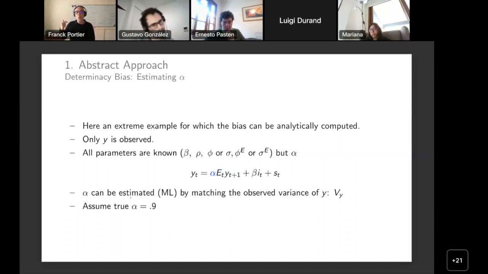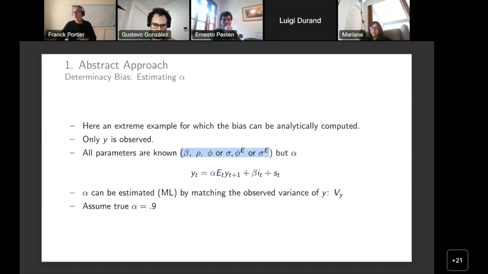I have one variable. So you can think of maximum likelihood as being just like GMM or moment matching. I will simply need to match the variance of y. I will solve the model as a function of my alpha hat, and I will have the variance of y in the model as a function of alpha hat and a lot of other things that I know.